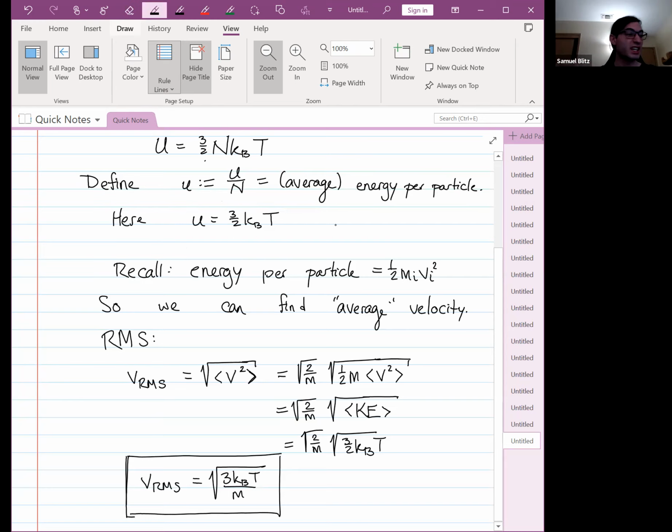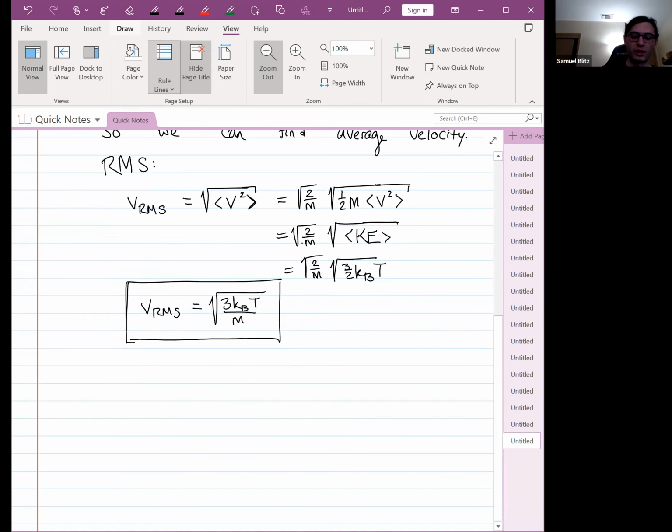So the translational kinetic energy of any molecule in a gas, at least for an ideal gas, is 3/2 times Boltzmann's constant times the temperature. Now again, this temperature is in Kelvin. It's an absolute unit, so you have to be careful here. So just to reiterate, this is true for all ideal gases, even though it's not obvious where that comes from.